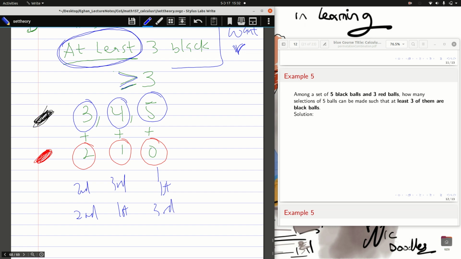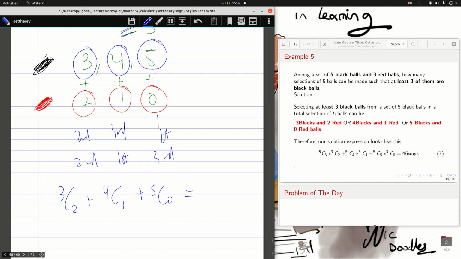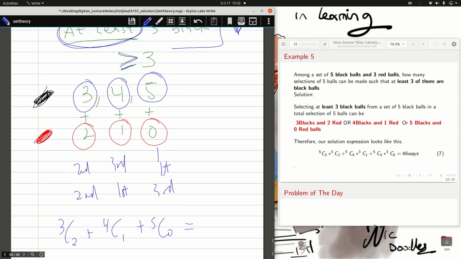The order does not matter. So I have 3 combination 2 plus 4 combination 1 plus 5 combination 0. And then by calculator, you can solve this. And that is it for permutations and combinations. Again, repetitions is not being stated here, so we assume there are no repetitions.